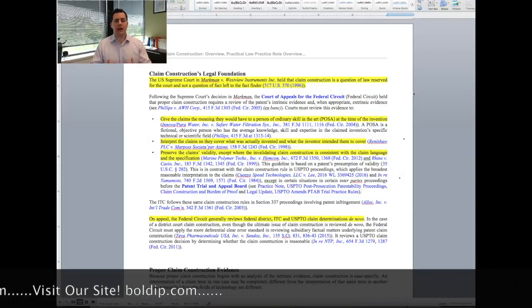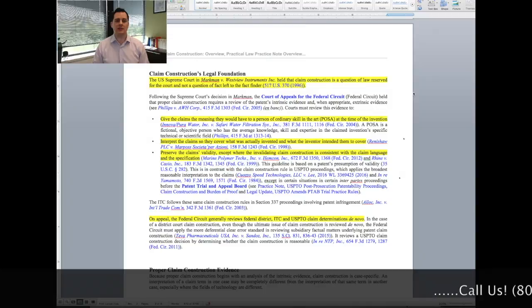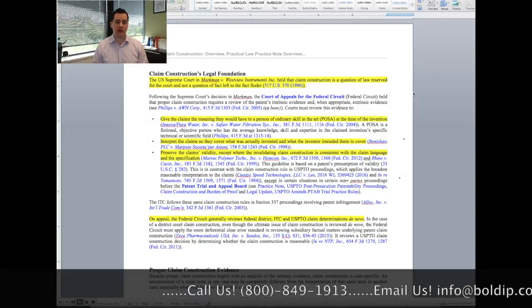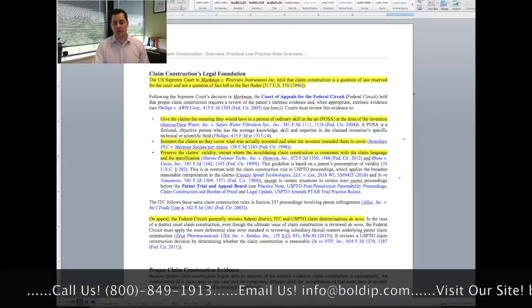First of all, they have to look at the claim in terms of a person of ordinary skill in the art. It's really important. So someone that's in the botany or flower sciences today would actually not be a person of ordinary skill in the art to look at this flower patent that we just talked about.